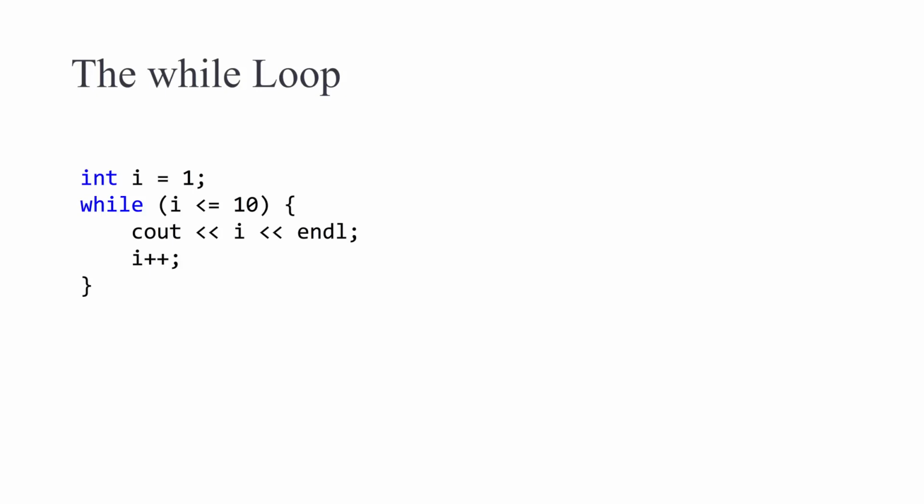If the condition is true, the code block is executed, which prints the value of i to the console and increments i by 1. This process continues until the condition is false, which happens when i reaches 11.